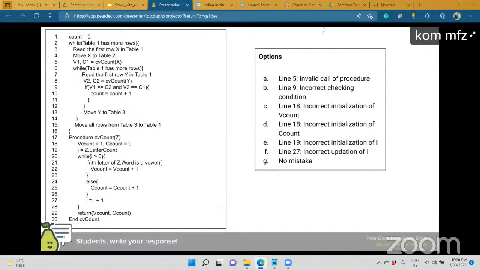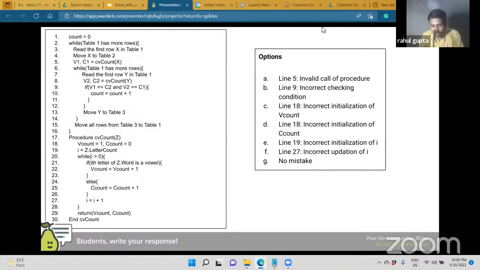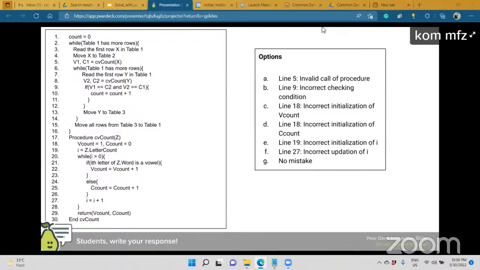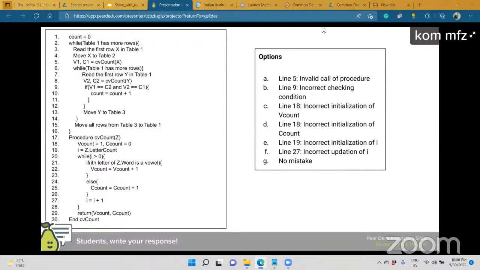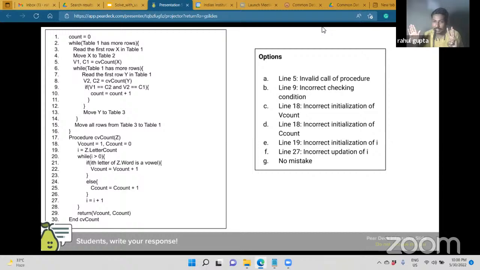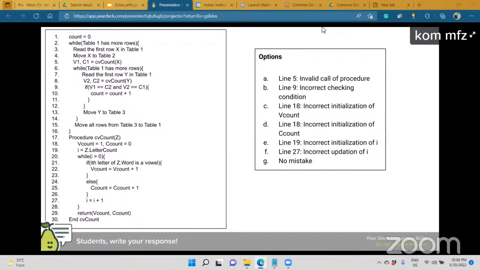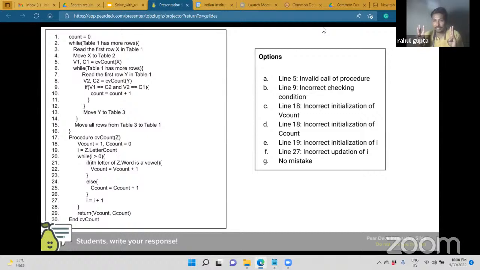So how will you count? First letter is vowel or not? No, consonant. Second letter is vowel or not? Yes, one vowel. Third letter? Yes, two vowels. Fourth letter? No. Fifth letter? Yes, three vowels. Sixth letter? No. Three vowels, three consonants, right?